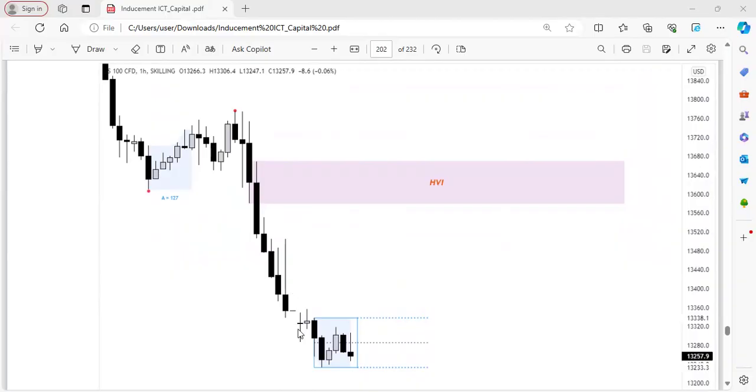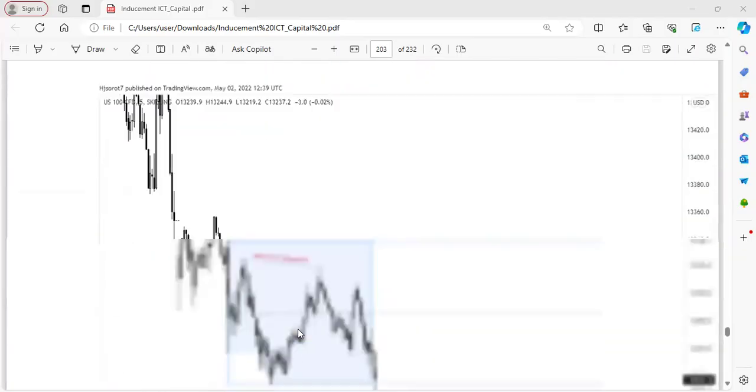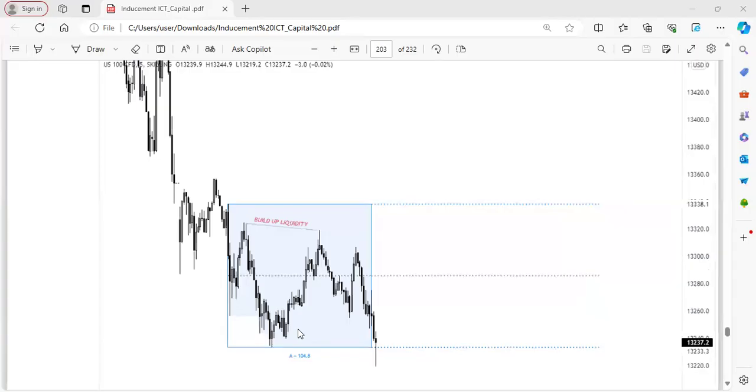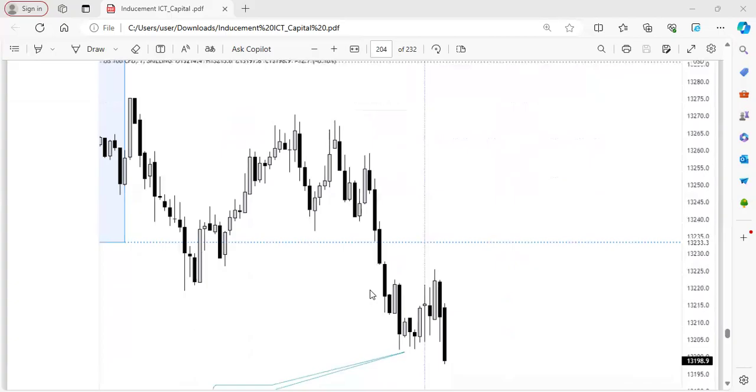Don't expect the market to go up just because it's going to go up, because it depends on the movement of the market anyway, if you know what I mean. See, build up liquidity above here, right? More like consolidation here, ranging market here, if you know what I mean.